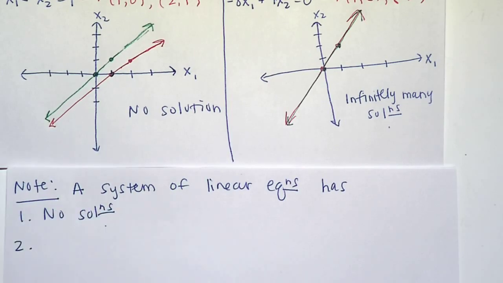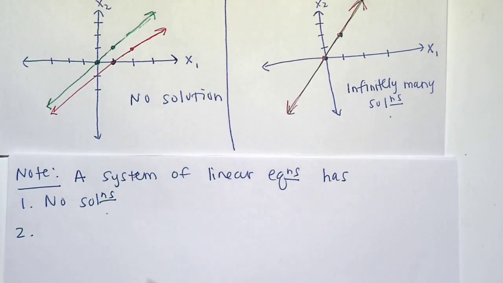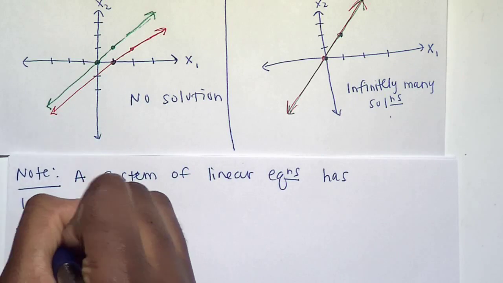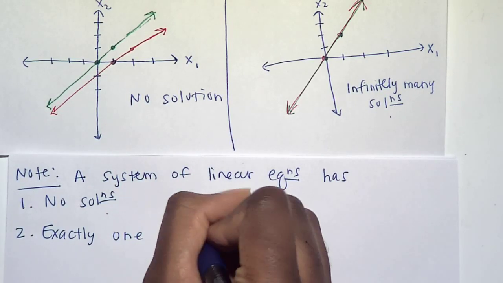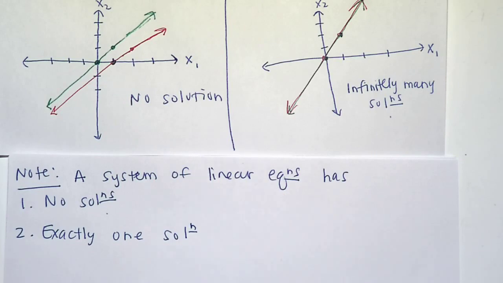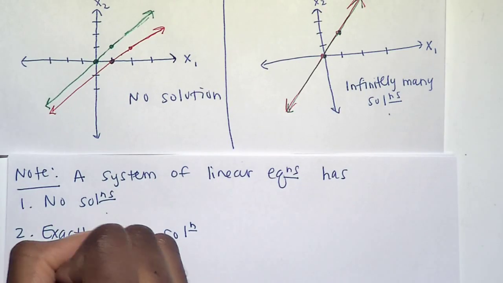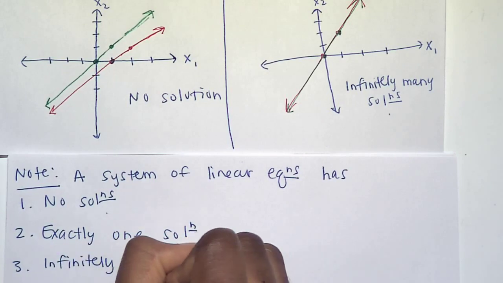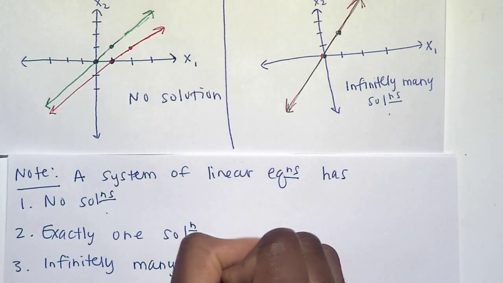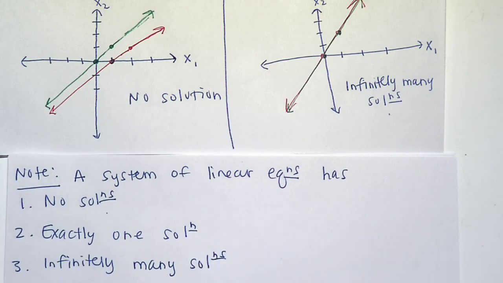Number 2, exactly one solution. And number 3, infinitely many solutions. There's no in between.